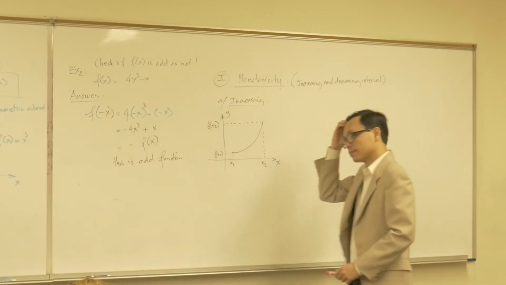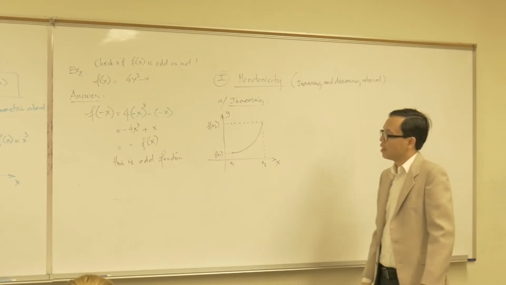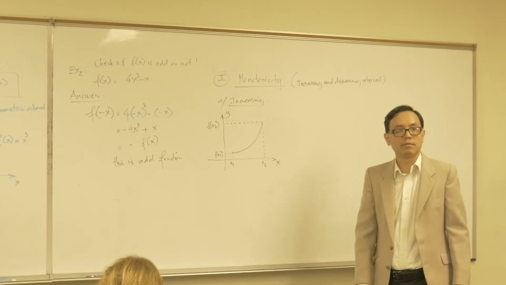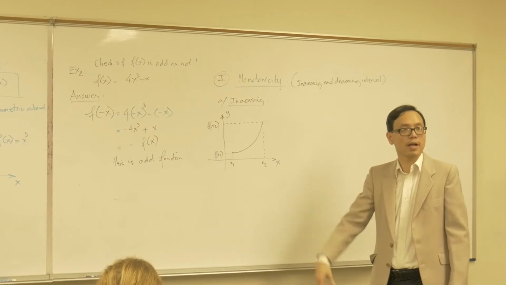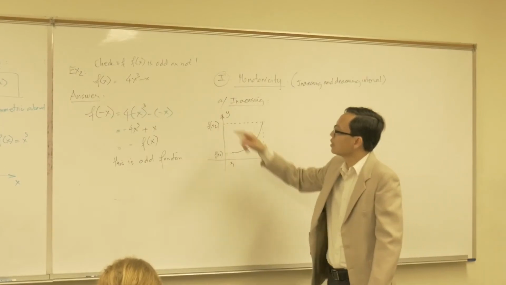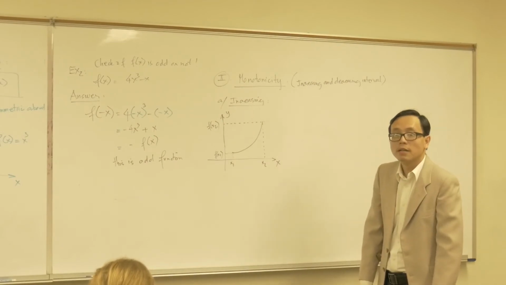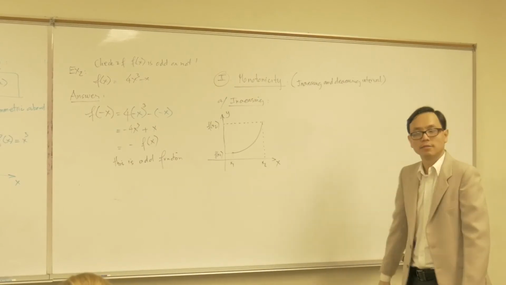Now anyone can tell me, between x1 and x2, which one is greater? x2, because x2 is on the right-hand side. How about between f(x1) and f(x2), which one is greater? f(x2), of course, because f(x2) is higher.